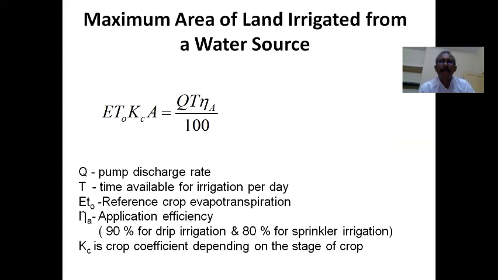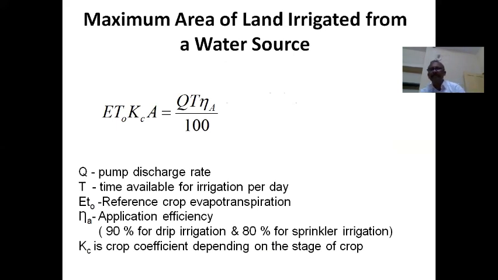This is a formula which is very useful when one starts designing. With this formula one can find out the maximum area of land one can irrigate from a water source. How much can be the maximum land area?